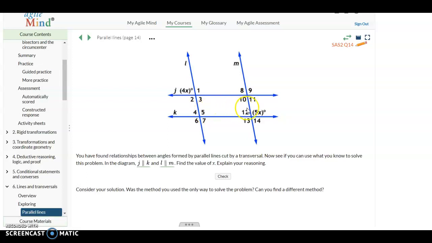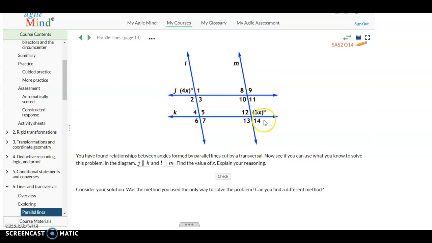Well, angle 5 and angle 5x are congruent to each other. So if 3 and 5 are supplementary, 3 and 5x are supplementary. So that's another reason why I could say the 4x and the 5x are supplementary, which means they have to add to be 180. And I could go on and on with different ways of showing that these two angles are supplementary.